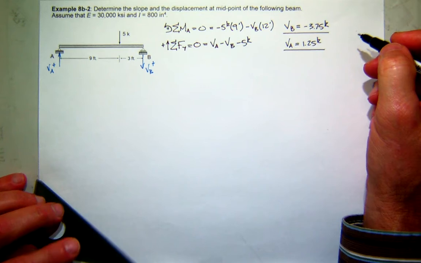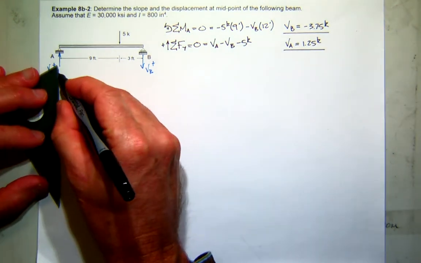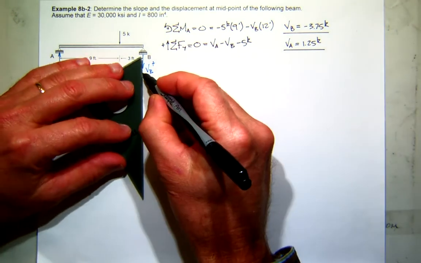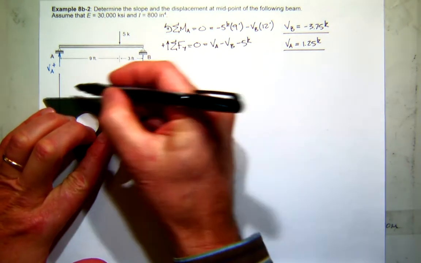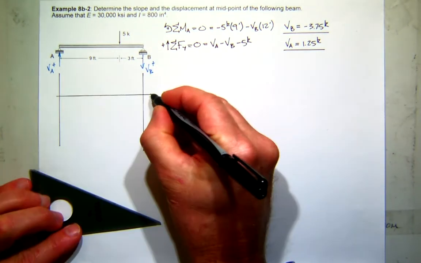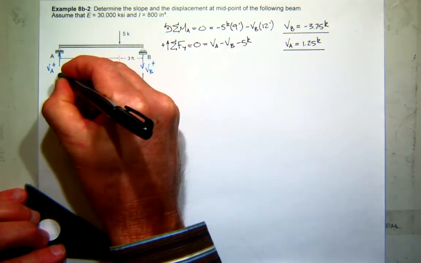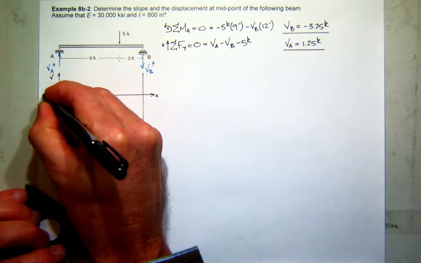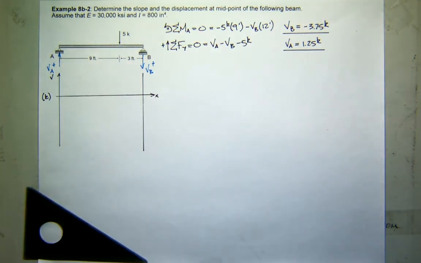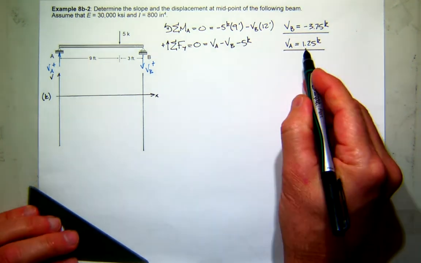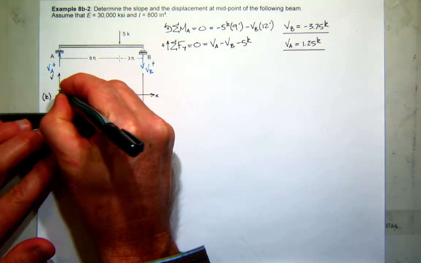Not too bad. So let's draw a quick template of the structure. There's my left and right side. I'll identify positive x-axis, positive shear, and we'll let all these have units of kips. So what is the shear at A? 1.25.